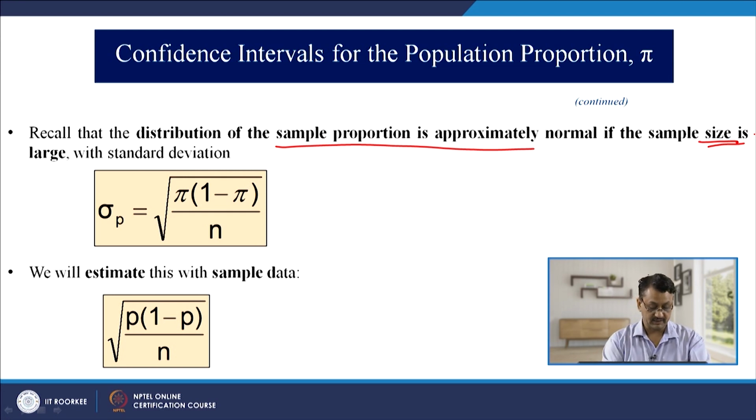The standard deviation is sigma p, under root of pi into 1 minus pi divided by n, and we will estimate this with sample data. So, this is under root of p into 1 minus p divided by n.